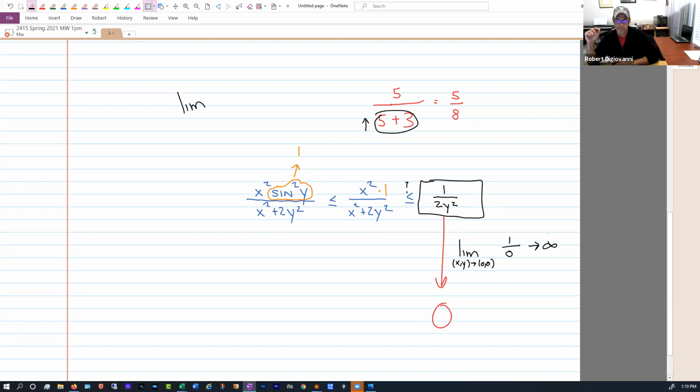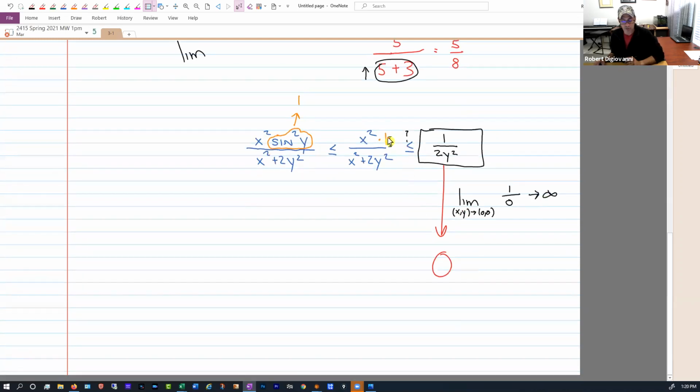I think that's kind of what someone was saying a second ago. So if we were to somehow show that this thing is bigger than or equal to this thing, then if we took the limit, it would give us infinity over here, which does not help us, right? Now, is that even true?